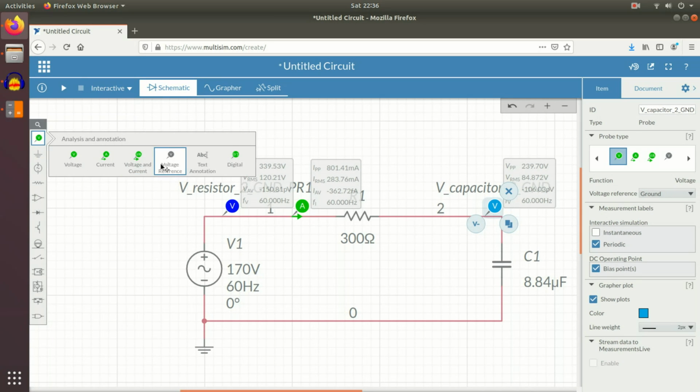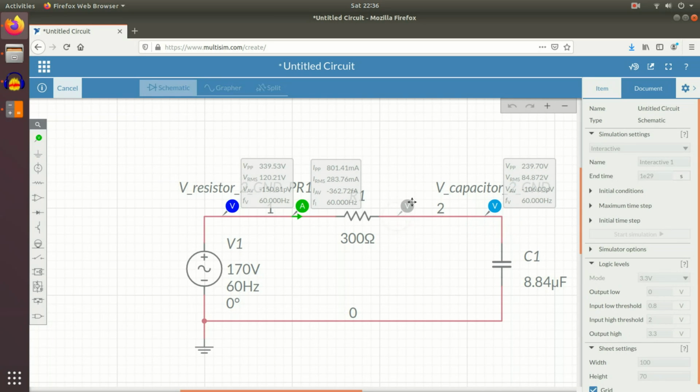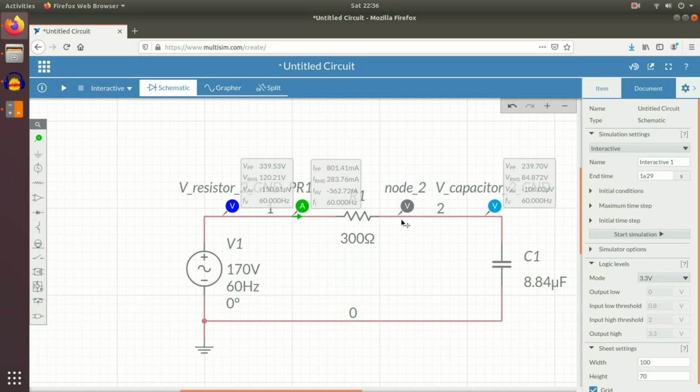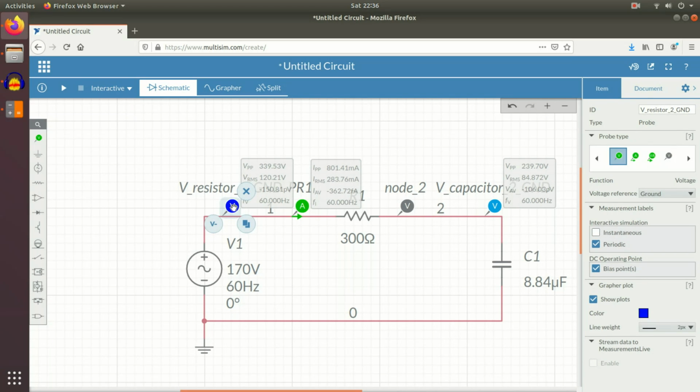If we want to measure the voltage across the resistor, what we need to do is add a voltage reference. It's like moving the black wire on your voltmeter to a different point in the circuit. So we're going to add this reference, and we're going to call it node 2. Then we're going to go back to the first voltage meter we dropped down.